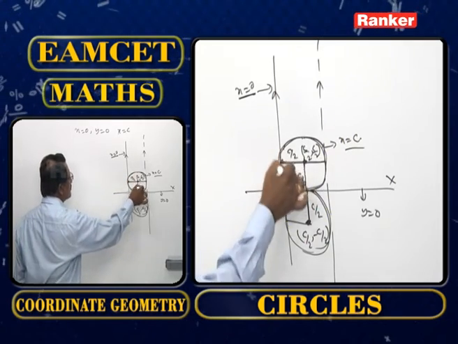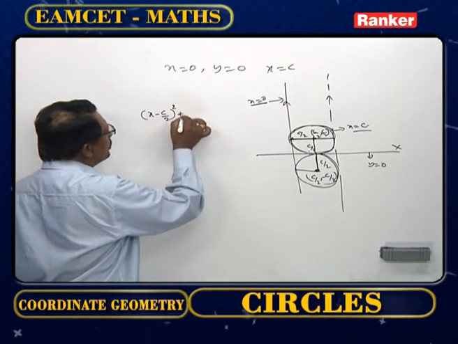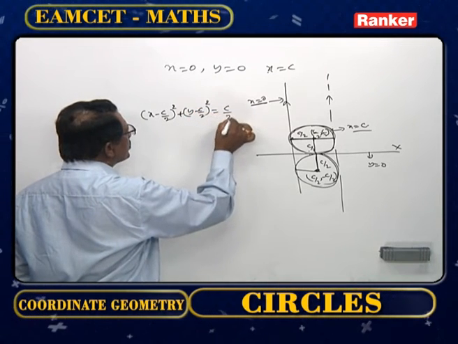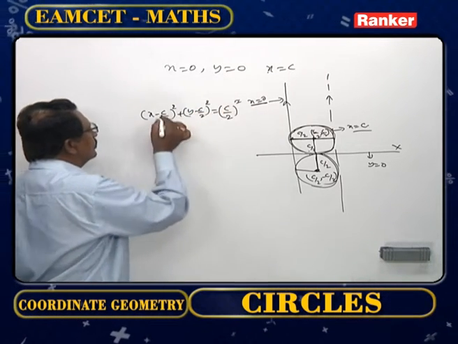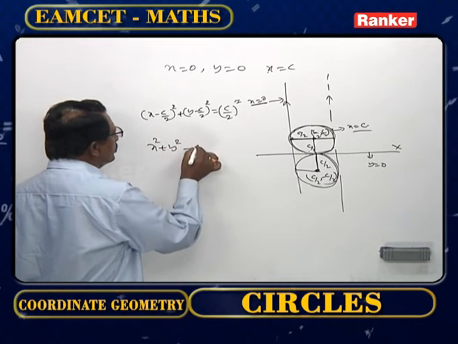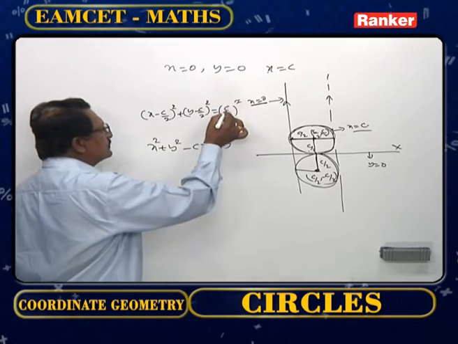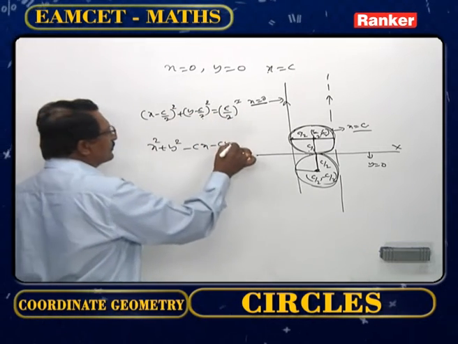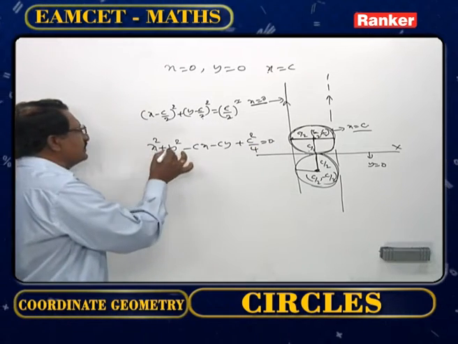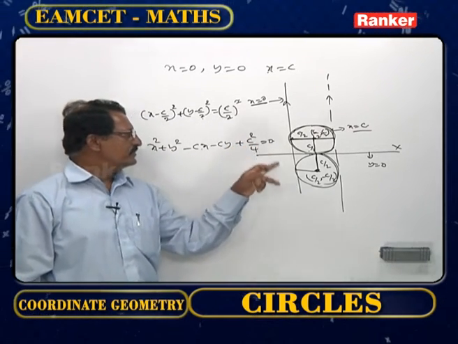Now, the equation of the first circle is (x minus c by 2) whole square plus (y minus c by 2) whole square equals (c by 2) whole square. Further simplifying, we get x square plus y square minus cx minus cy, c square by 4 and c square by 4 cancel, plus c square by 4 equals 0. So one circle equation: x square plus y square minus cx minus cy plus c square by 4 equals 0.